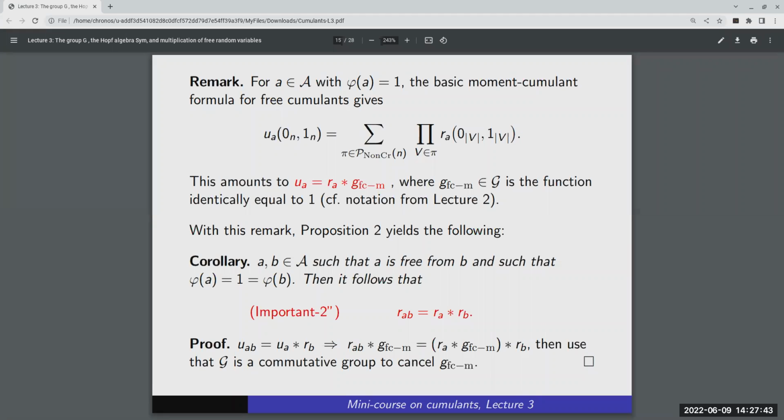That's the conclusion of this part of the lecture. It says that the convolution in the group G, this group of multiplicative functions, if you think of it in the right way with this encoding by functions R_A, is capturing the algebra of multiplication of free elements.